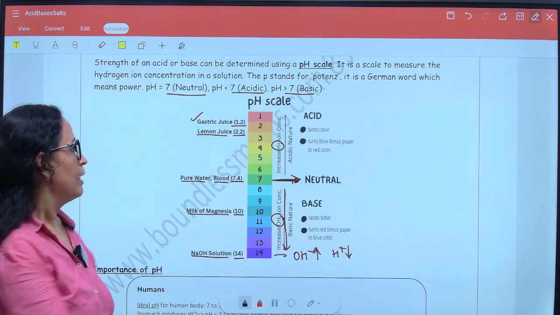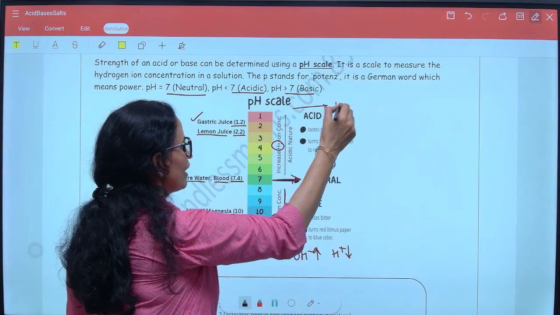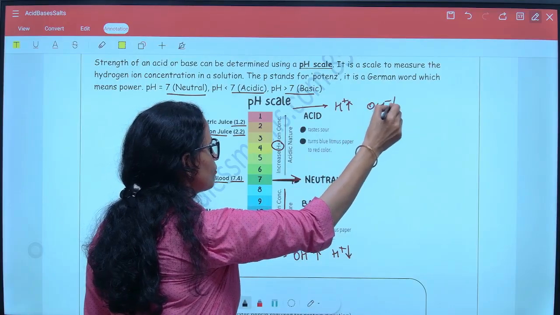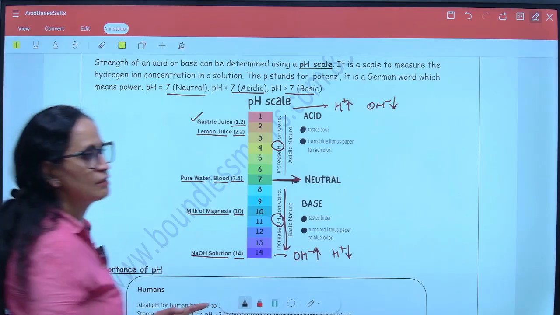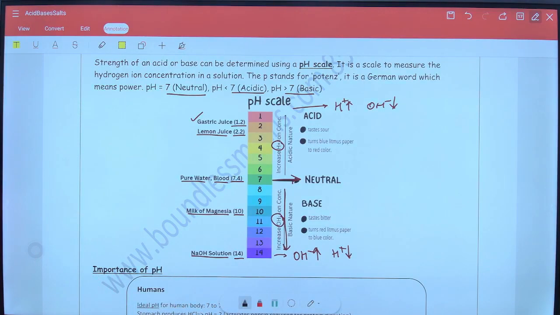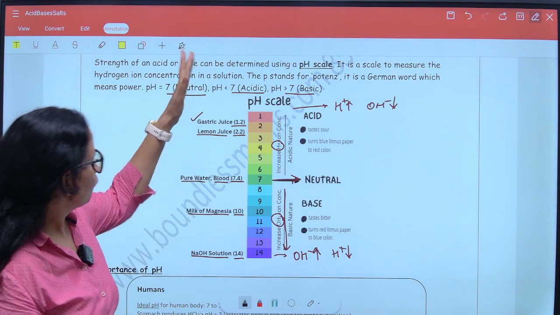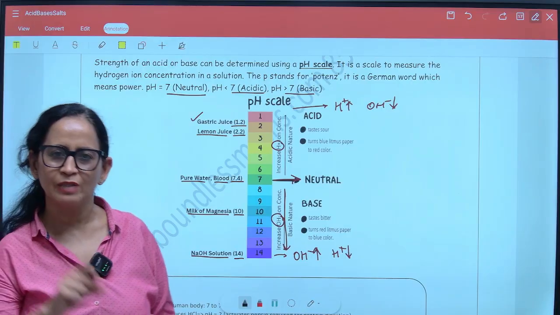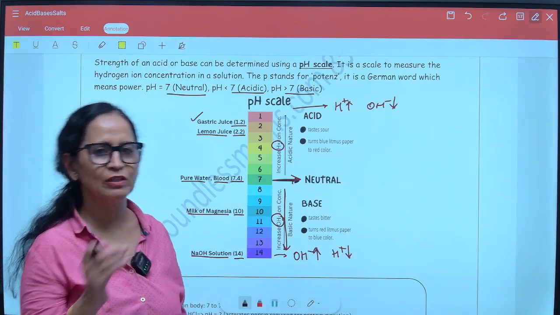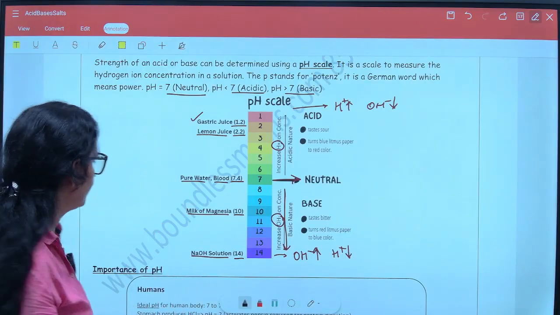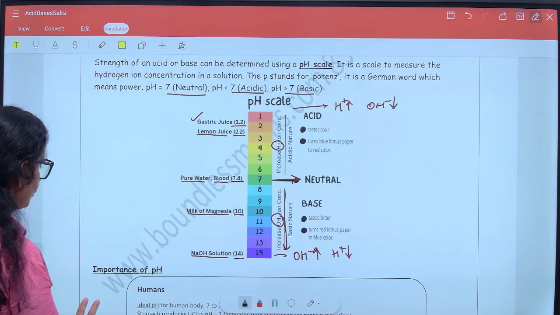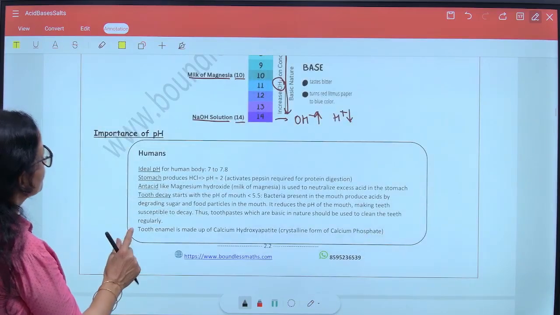And for acids, the concentration of H plus ions will be very high, whereas the concentration of OH minus will be very low. These ions get created from water also to some extent. So from 0 to 14, whatever the pH of the solution, the aqueous solution will have both OH minus and H plus ions. Always remember this. It can be asked in an assertion reason question. Now, what is the importance of pH?